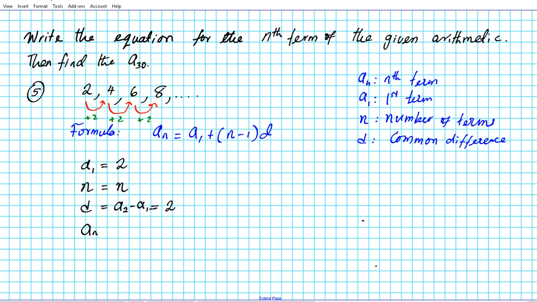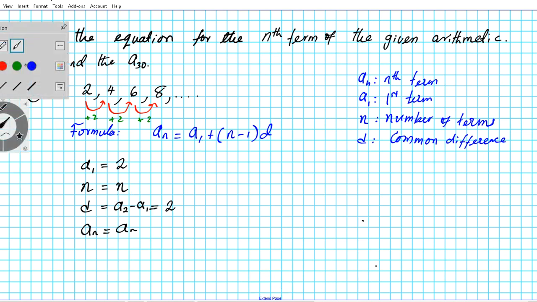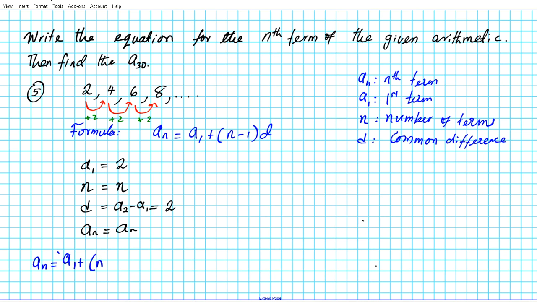The nth term is going to be given by a sub n. Now the formula, let's write the formula here. A sub n is equal to a1 plus quantity n minus 1 times the common difference.